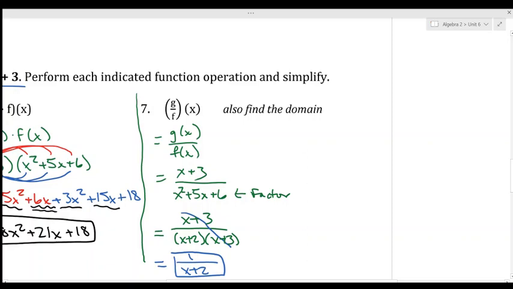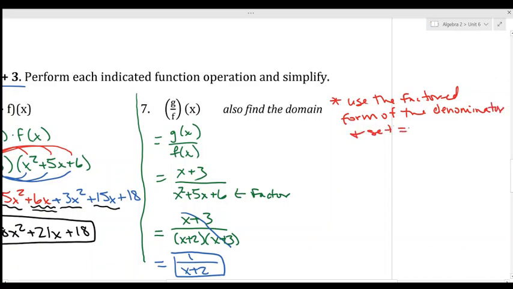So when you find the domain, use the factored form of the denominator, set it equal to 0 and solve.